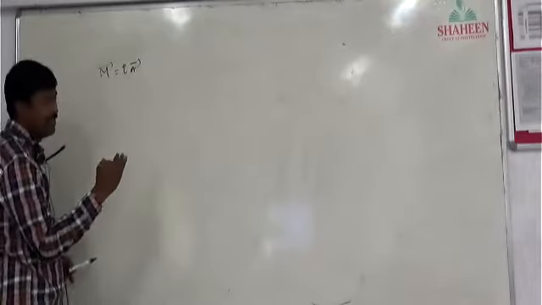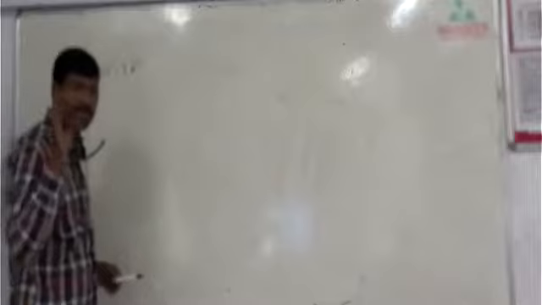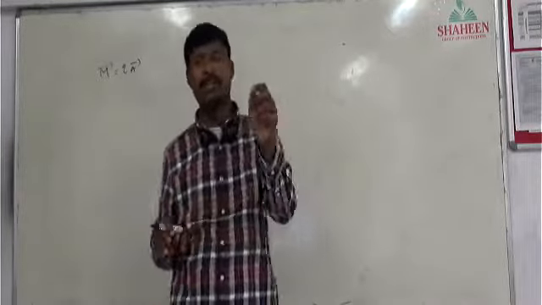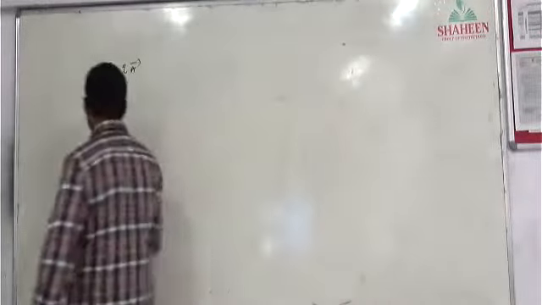I will draw different diagrams on the board. From your side, you tell me the directions of the magnetic moment in that particular loop, right?